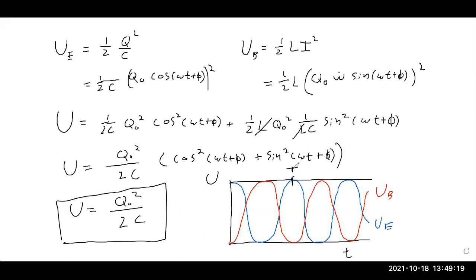This is actually period over 2. And that's the full period. So the magnetic field energy is maximized 1/4 the way through the period and 3/4 the way through the period.